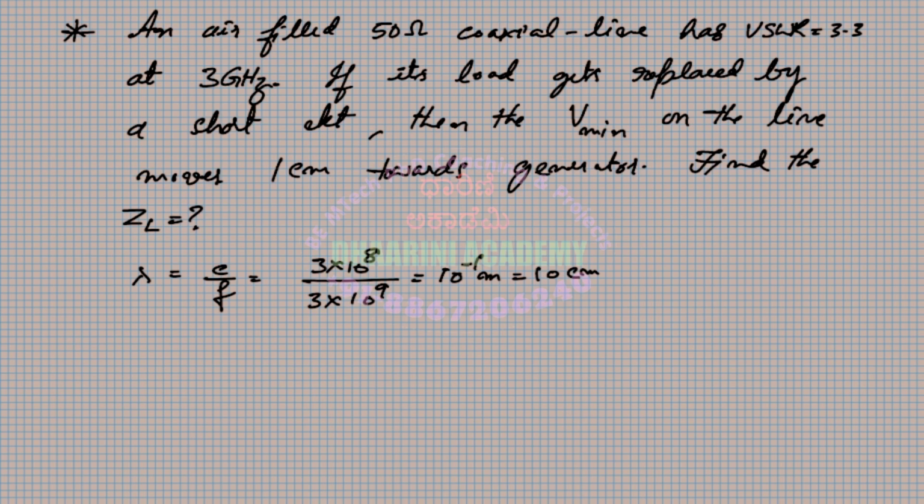The VSWR, the voltage standing wave ratio, is constant. Its value is 3.3, and that value is fixed for the complete length of the line. For the complete line, it remains the same.